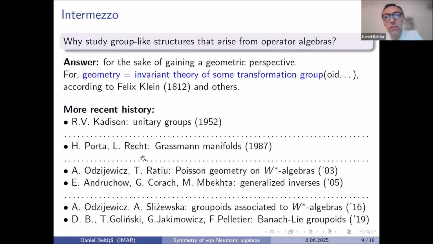And this is actually something that you also know very well, since quite a few people studied structures of this type, maybe starting from Kadison, so far as I know, who studied unitary groups, then Horacio Porta and Lazaro Recht, Grassmann manifolds in C-star algebras.